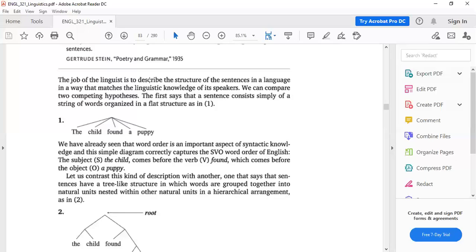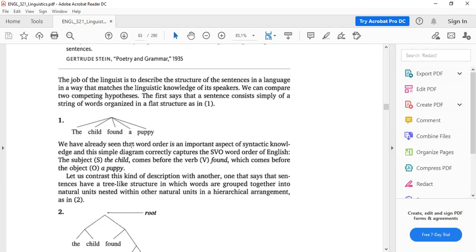Now, this has been mentioned before on descriptive grammar. Yes, I remember. Now have a look at one: the child found a puppy. So this is the sentence, and here we have 5 words: 1, 2, 3, 4, 5. We have the, child, found, a, puppy.